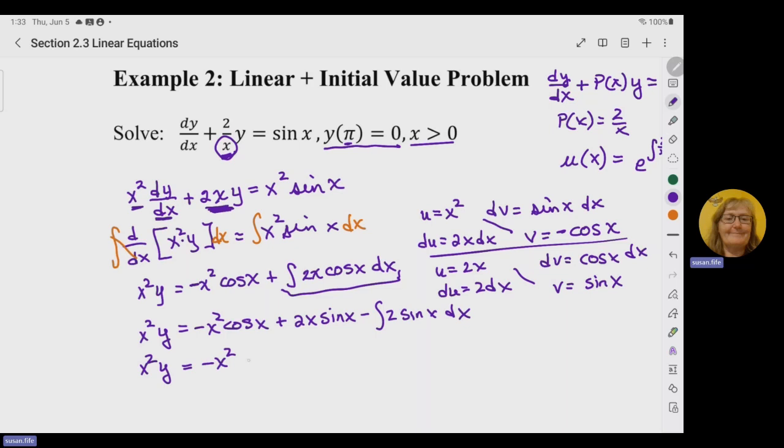So I get negative x squared cosine x plus 2x sine x. And this is going to be minus 2. When you integrate sine x, you're going to get negative cosine x. We did that right here. And that negative will change this to a plus 2 cosine x, and then plus our constant of integration.